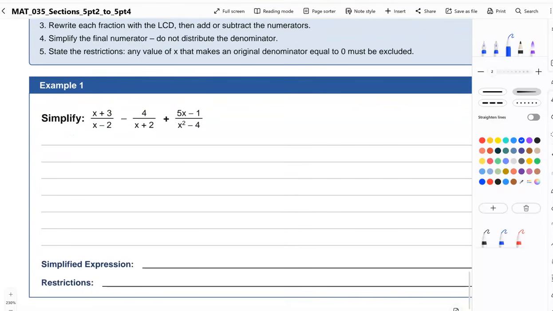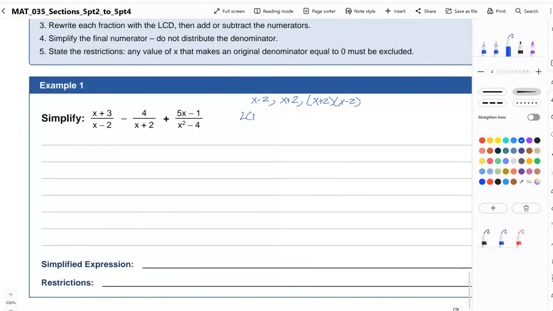Okay, that next one, I have x plus 3 over x minus 2, minus 4 over x plus 2, plus 5x minus 1 over x squared minus 4. So I'm looking at the denominators. I have x minus 2, x plus 2, and then x squared minus 4, which is x plus 2, x minus 2.